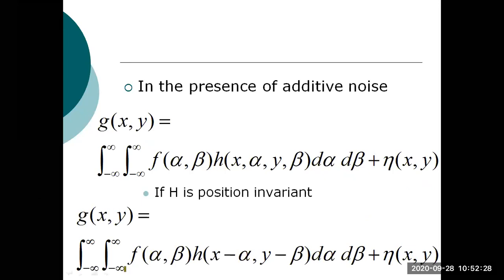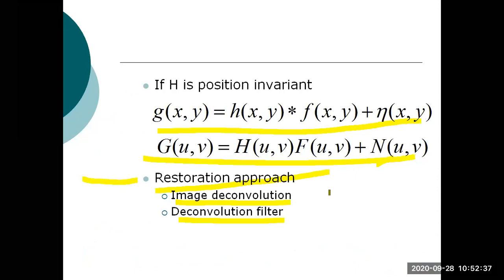Finally we get g of x comma y as the convolution of two functions plus additive noise. The function g of x comma y is in spatial domain and capital G of u comma v in frequency domain.